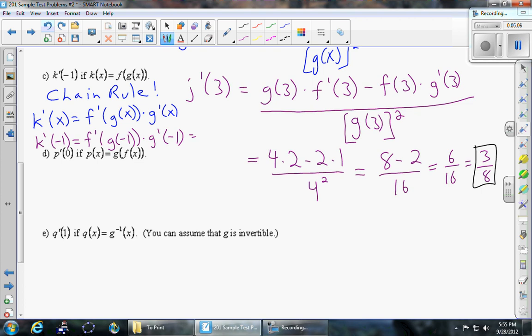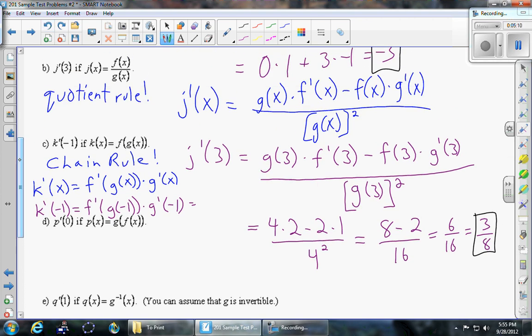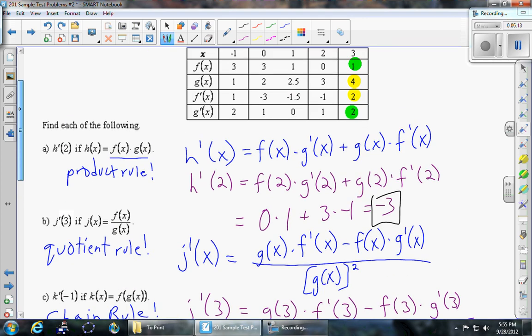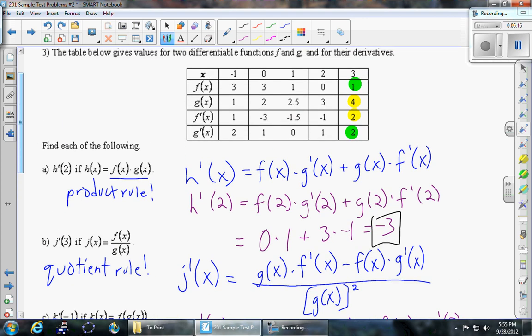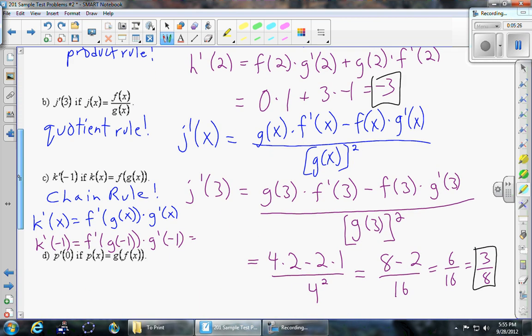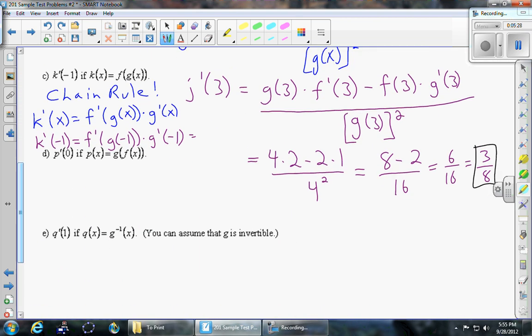Okay, so we're looking here for g of -1 and g prime of -1. F doesn't come into it just yet. So g of -1 is here, and g prime of -1 is here. So 1 and 2. So this is really f prime of 1 times 2. I'm just going to separate this off.